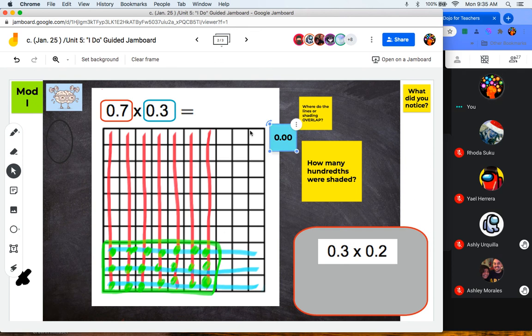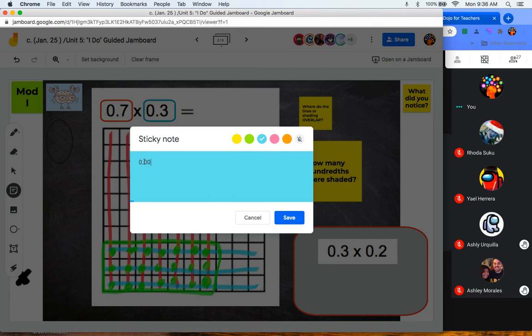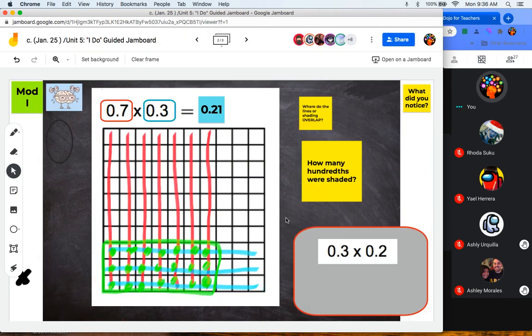Final product, 21 hundredths. Cool, huh? This is using math models to show tenths times tenths or decimal tenths times decimal tenths using overlapping.